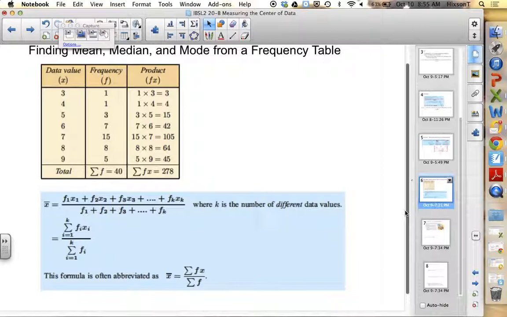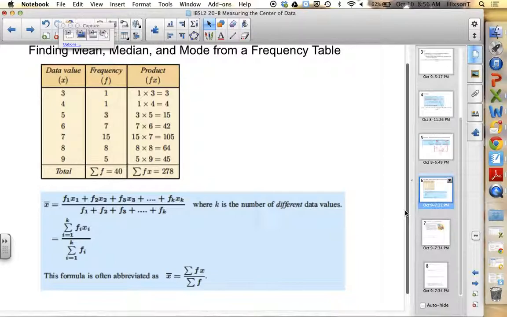You're still doing the same thing in the end, but rather than hitting 3 plus 4 plus 5 plus 5 plus 5 plus 6 plus 6 plus 6 plus 6 and so on, hey, there's 3 5s, so that's 15. There's 7 6s, so that's 42.